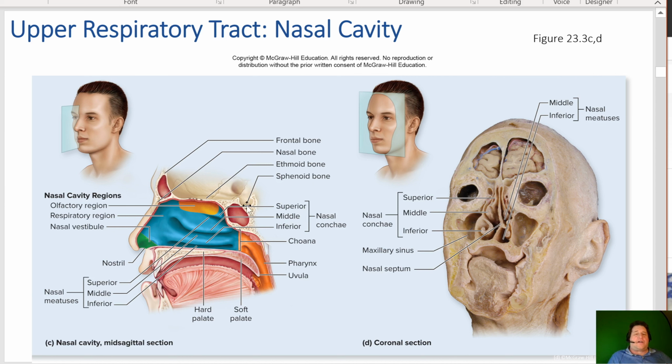The roof of the nasal cavity is composed of frontal bone, nasal bone, ethmoid bone, and sphenoid bone. Remember all those structures, and remember the olfactory region and the bulbs and all that up there.